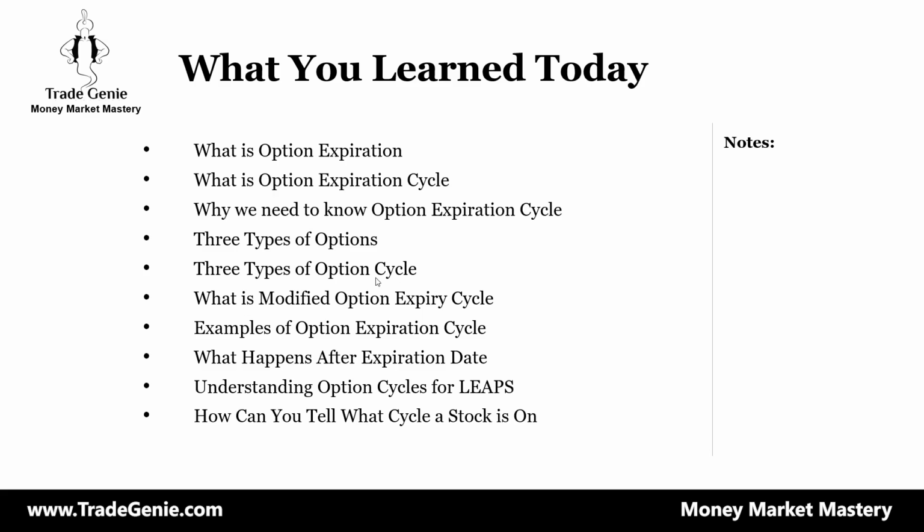Three types of option cycle: January cycle, February cycle, March cycle. What is the modified option expiry cycle? We must list the current month and the subsequent month for hedging and speculation purposes. Then I gave you examples of option expiration cycles and what happened after the expiration date.